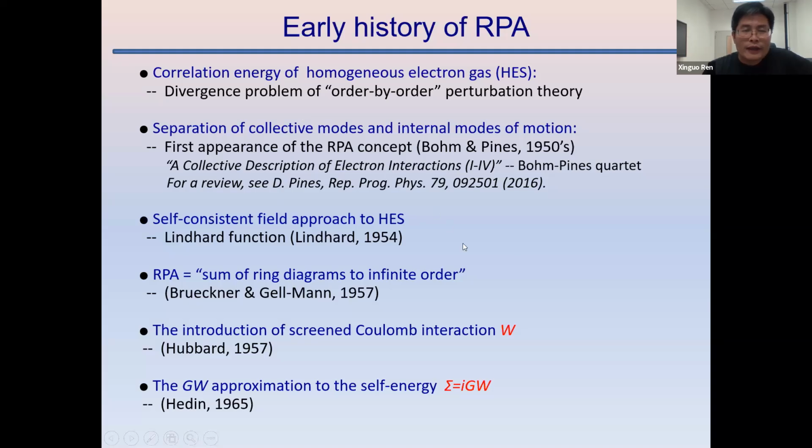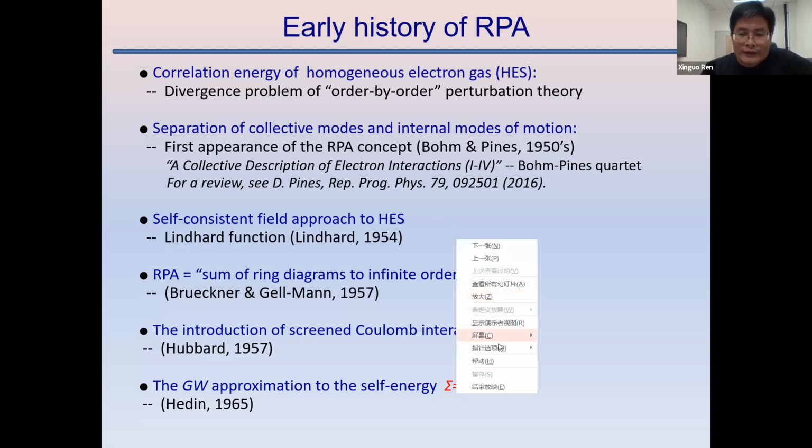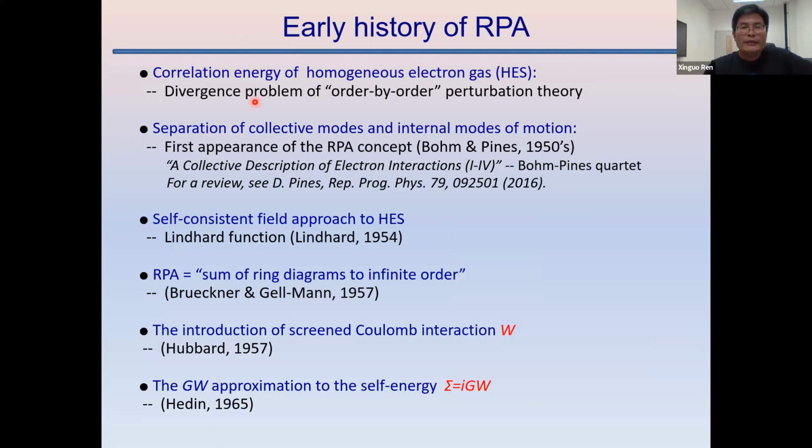And now let me briefly discuss the history of RPA. The concept of this approach appeared in the early 50s. At that time, scientists were concerned about the correlation energy of the homogeneous electron gas, which is a very important question in solid state physics theory.